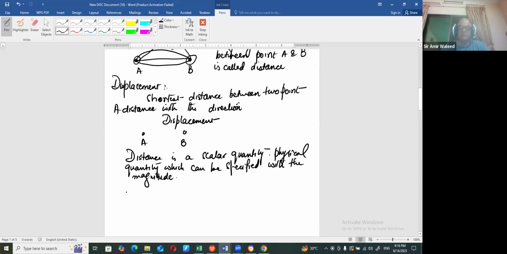First of all, displacement is a vector quantity. What does it mean?